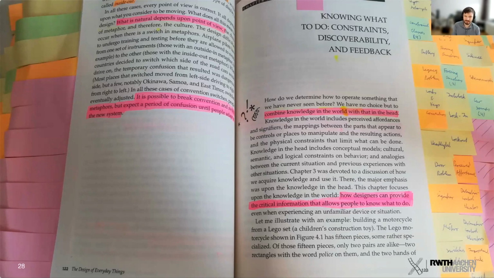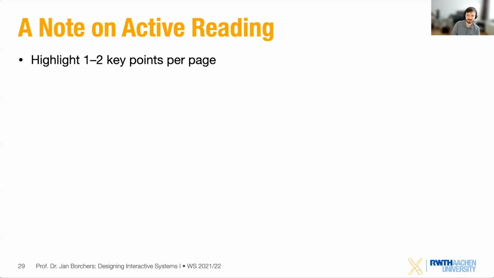But this is exactly the way you should do it. Make highlights, make margin notes, which are not on this page, unfortunately, make sticky notes such that you can quickly find the information in the book you need.